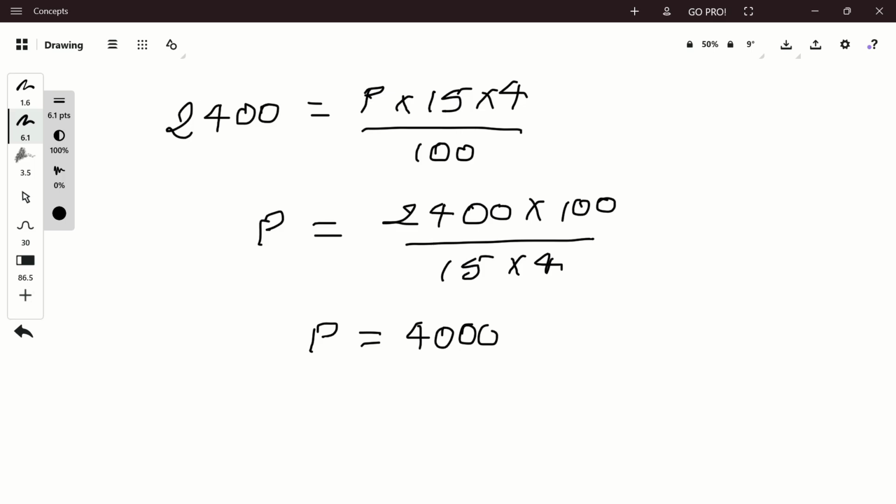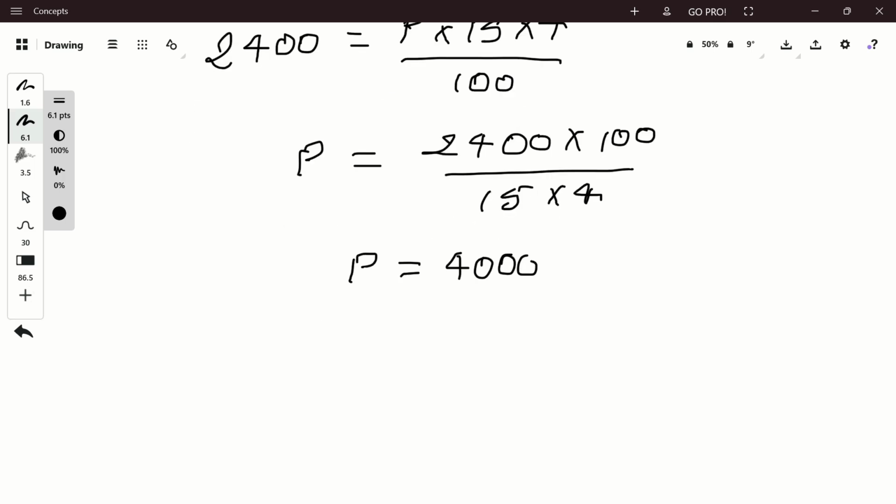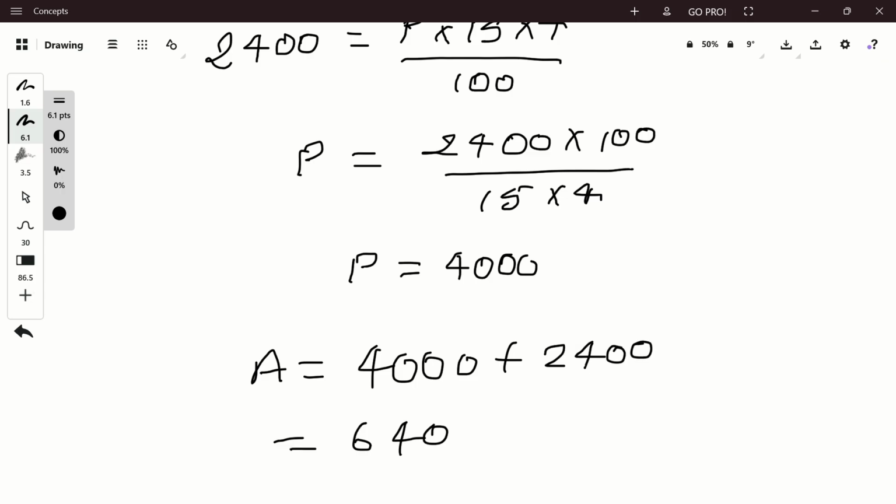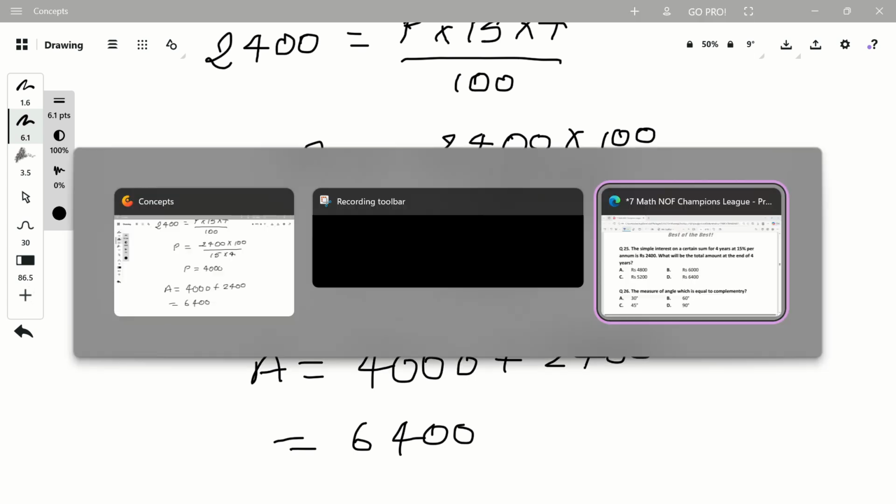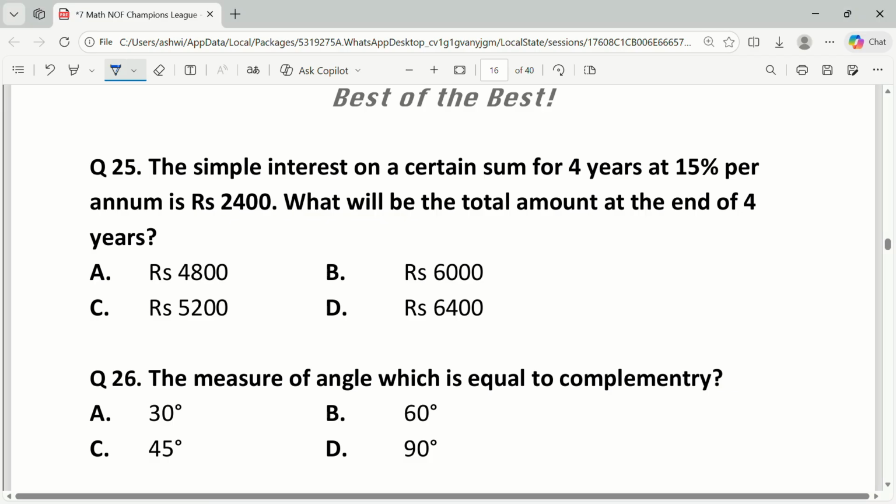The total amount is the sum of principal and simple interest. So amount is equal to 4,000 plus simple interest, which is 2,400, which gives us 6,400. Comparing with the options, the answer is D, 6,400.